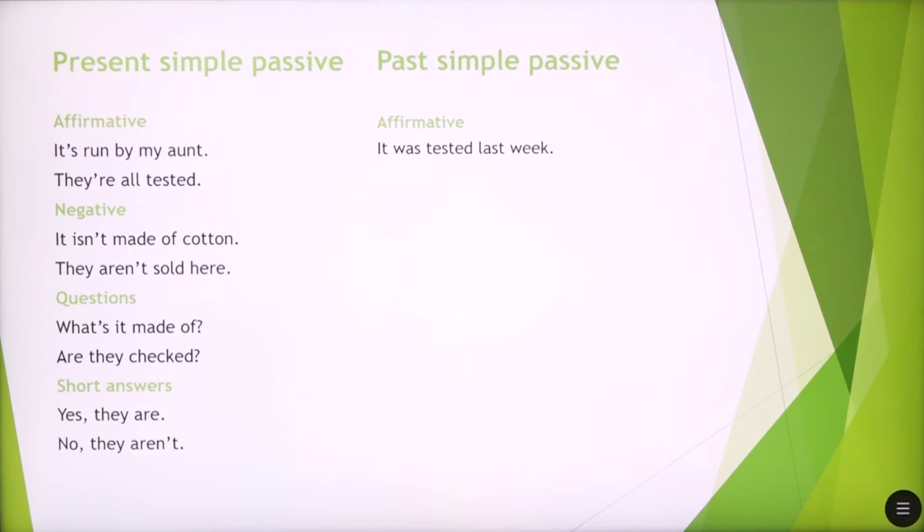From it is, we change it into it was. It was tested last week, and in the other example, record players were produced in the 60s. So again, we don't have the word are, we change it into were. So it's the auxiliary verb that we use in the past, not in the present.